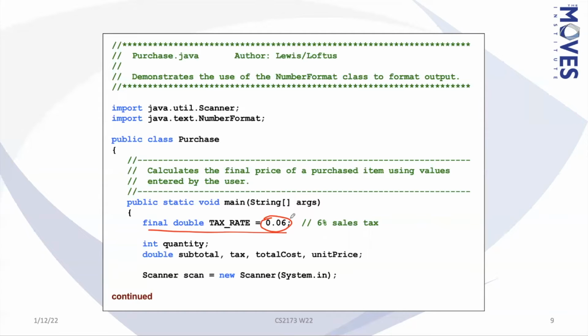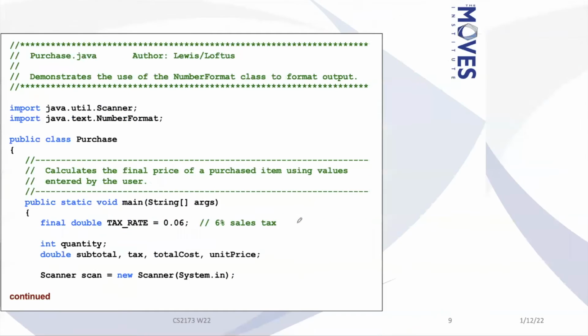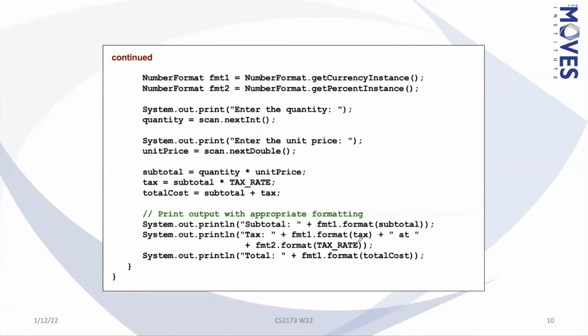And Murphy's Law says you're going to miss at least one. On the other hand, if you've used this constant variable, which is kind of an oxymoron, then all you need to do is change it in this one place right here, and it will change everywhere that you've used it. So that's why you want to use something like that. We're going to see an example of that with some mathematical constants that are actually in the math class.